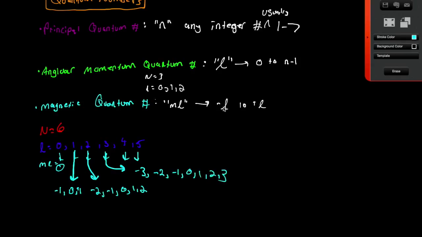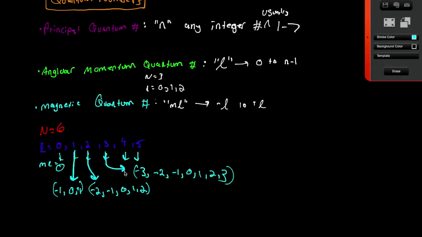I think you're getting the idea, right? So there are going to be multiple sets of m sub L values for each individual L value that you choose. Now, if n is equal to 6, can you have an m sub L going from negative 6 to positive 6?